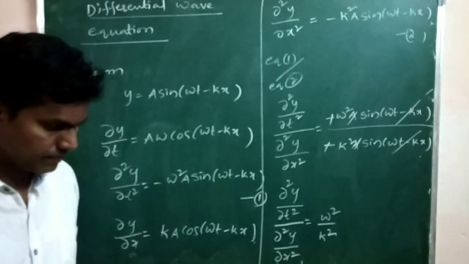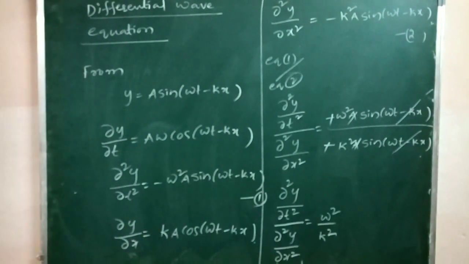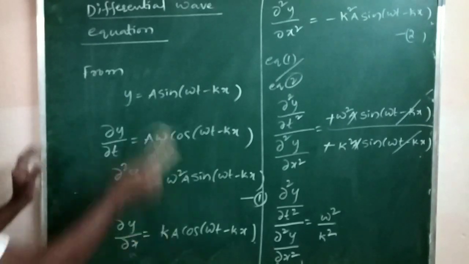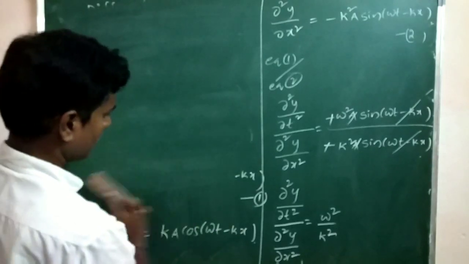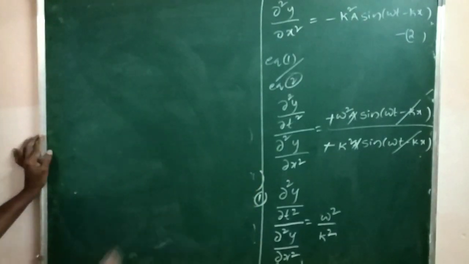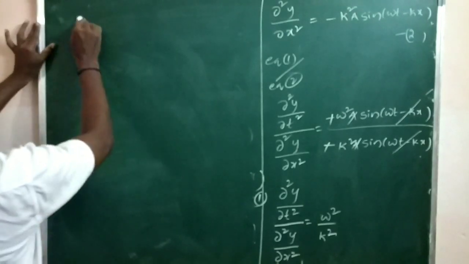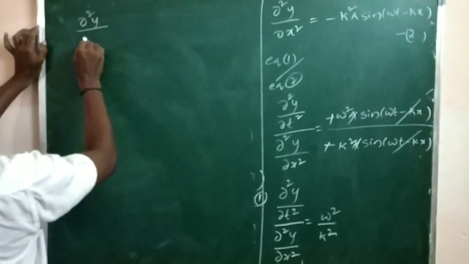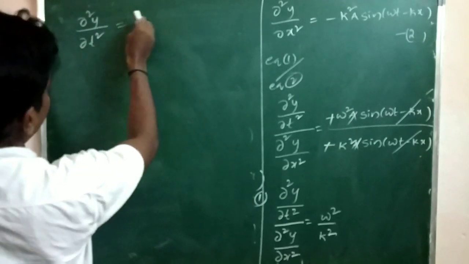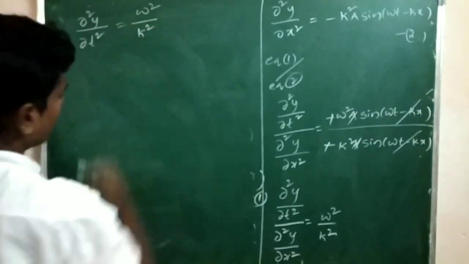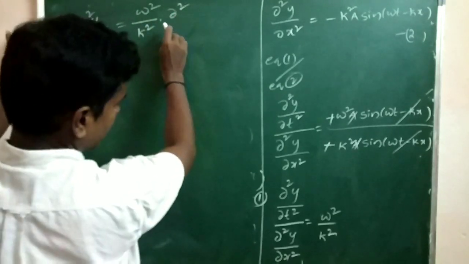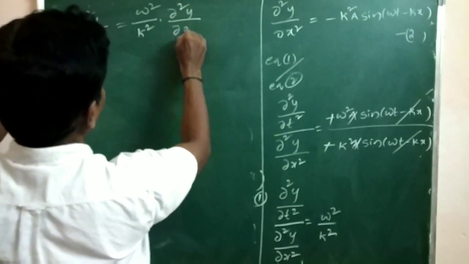Okay, write these points. Next, del square y by del t square equals omega square by k square into del square y by del x square.